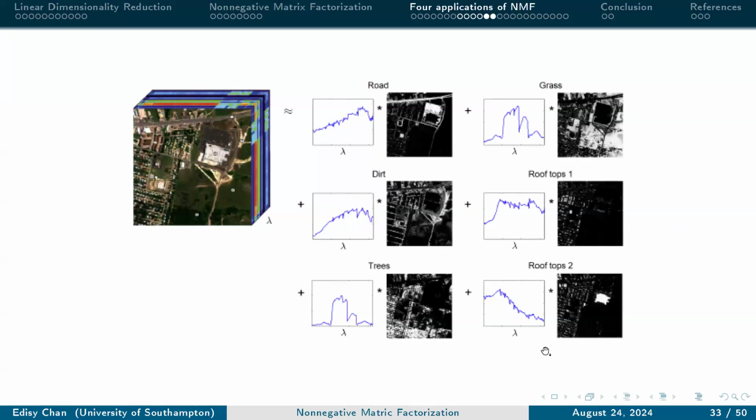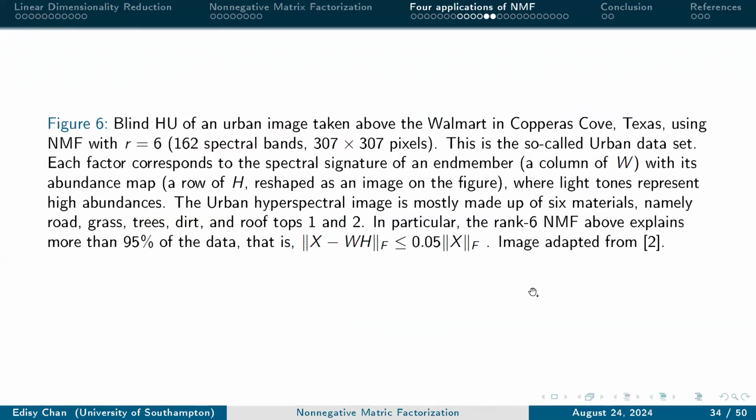To be more precise, it goes like this. Here we have the case of a rank R equals 6 NMF problem. We distinguish the materials as the road, the dirt, the trees, the grass, and the rooftops 1 and 2. This is a very common way to do blind HU. That image was taken of a Walmart somewhere in Texas.